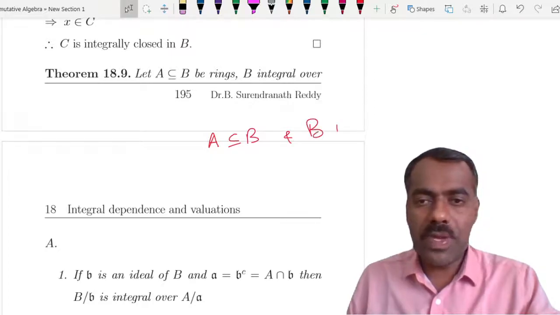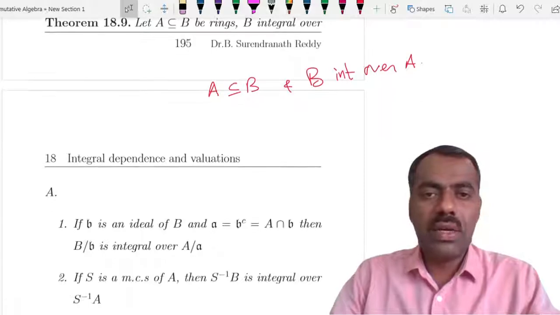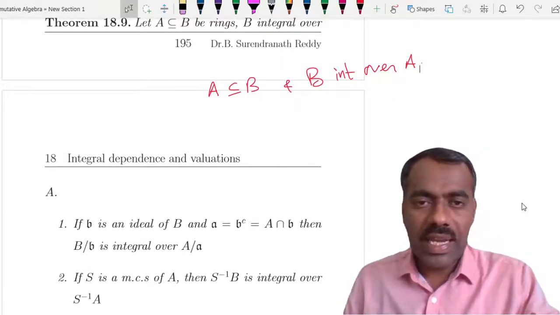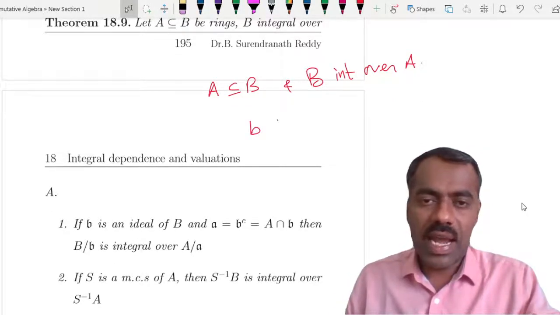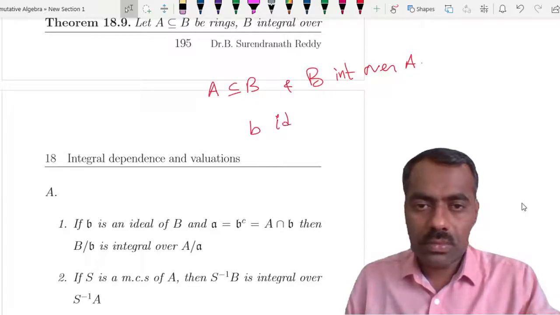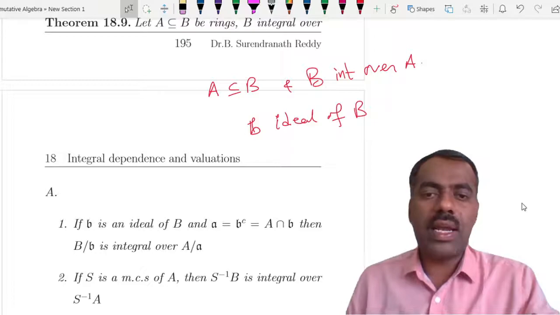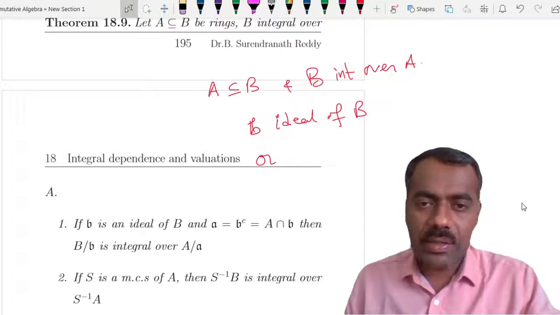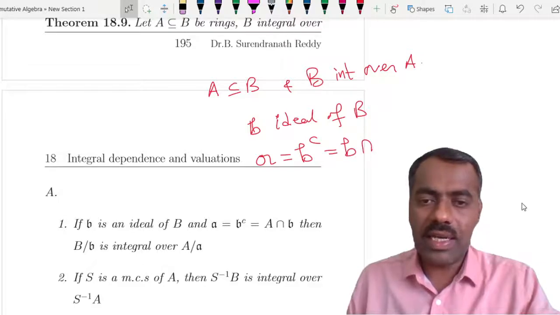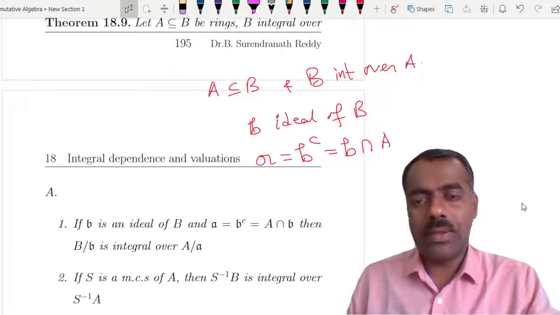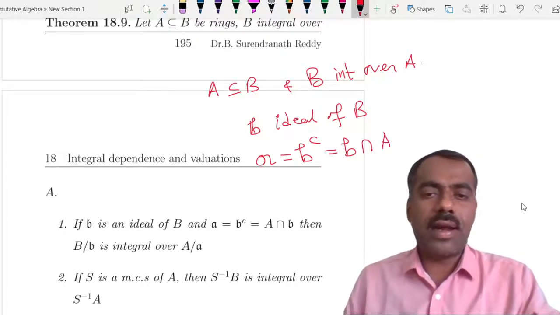Another theorem is that when you have two rings, A a subring of B, and suppose B is integral over A, then we can take some ideal 𝔅 of the ring B, and you take its contraction 𝔄, which is nothing but the intersection of 𝔅 with A. This is called contraction.